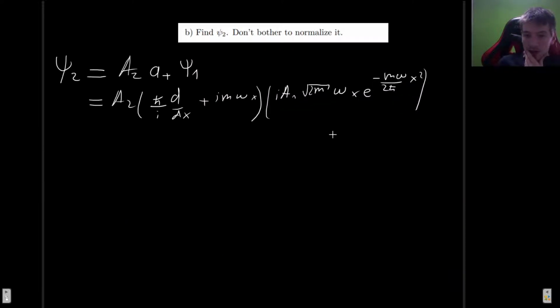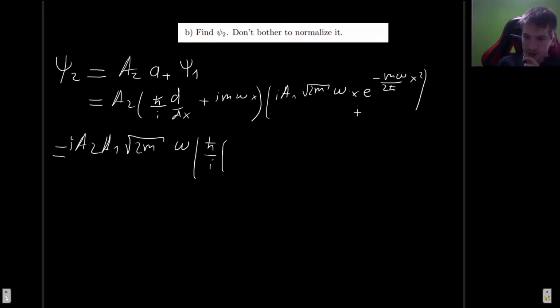Great. So now we just have to do this operation. It's just some algebra here. Let us take all these constants out: a2 times i times this a1 square root of 2m omega. And now we can actually start doing this. So h bar divided by i times the derivative of this.